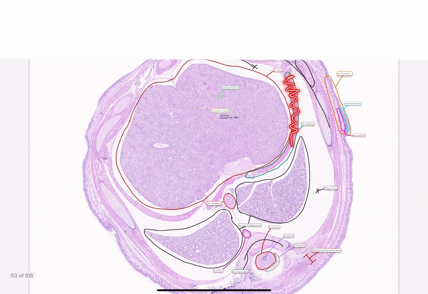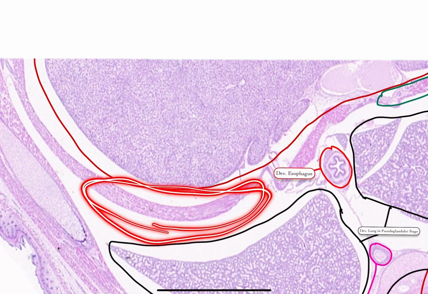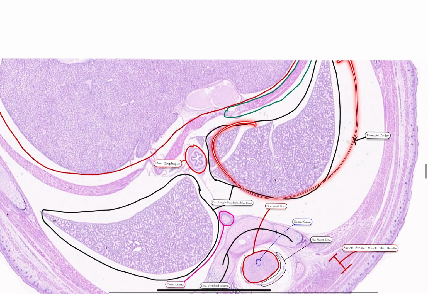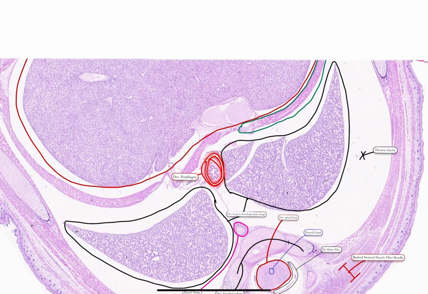Also here you can more visibly see the developing diaphragm, which is made up of all of these skeletal striated muscle fibers. Between two lungs, we have the developing esophagus. Hope that makes sense. It's not that big of a star in terms of the structures that we actually have to know for this colloquium, but it might appear.